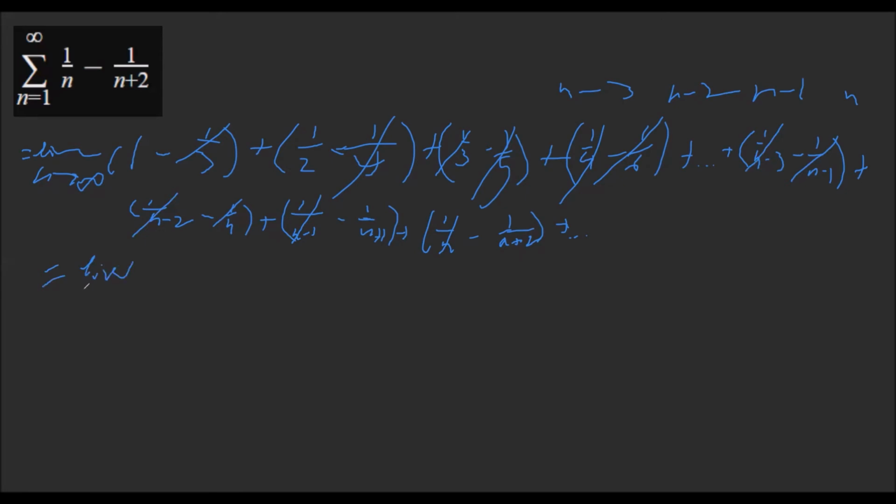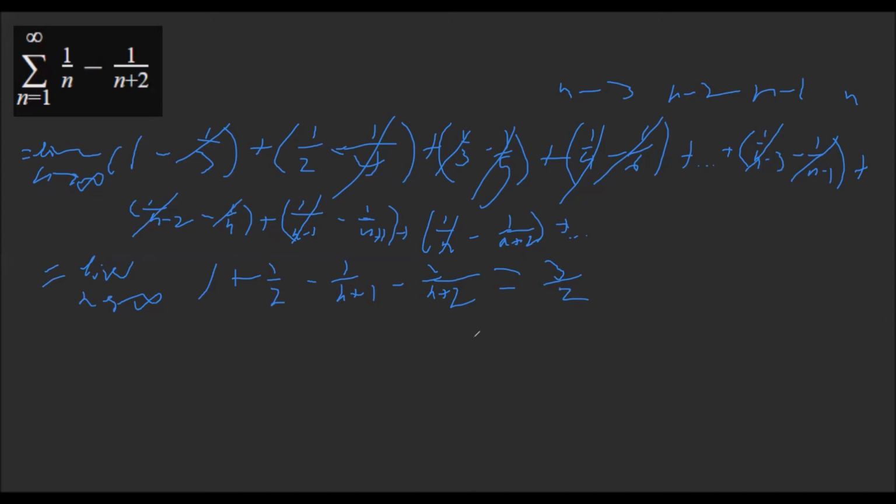So we can equate this to the limit as n approaches infinity of 1 plus 1/2 minus 1 over n plus 1 minus 1 over n plus 2. Now, this is equal to 3 over 2. You can see that if we were to take the limit as n approaches infinity of negative 1 over n plus 1, we'd end up with negative 1 over infinity, which is 0.